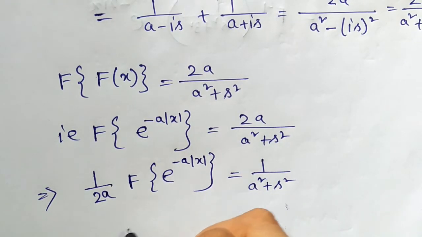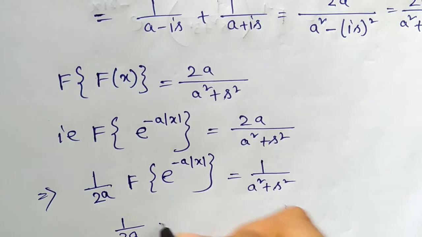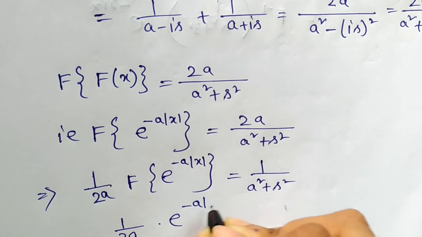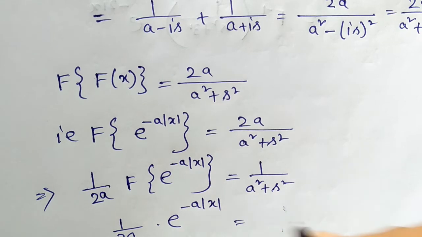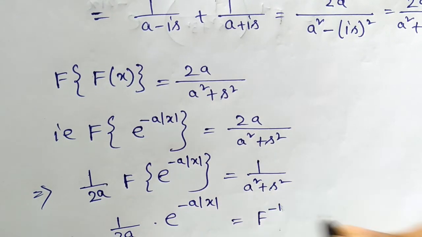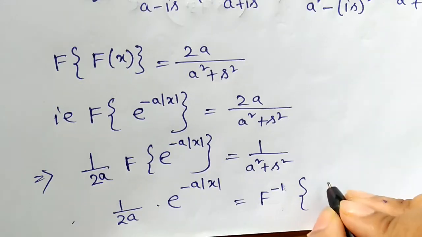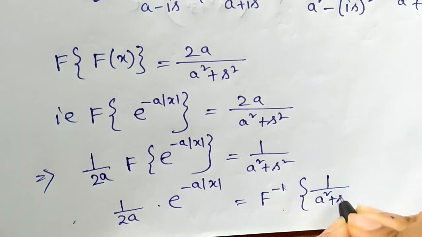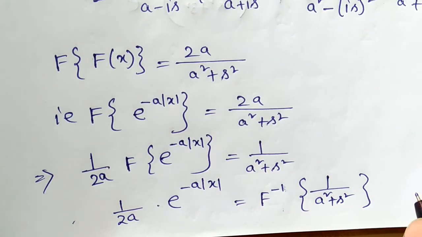Also it can be written as 1 by 2a e to the power minus a mod x equal to inverse Fourier transform of 1 by s square plus a square.